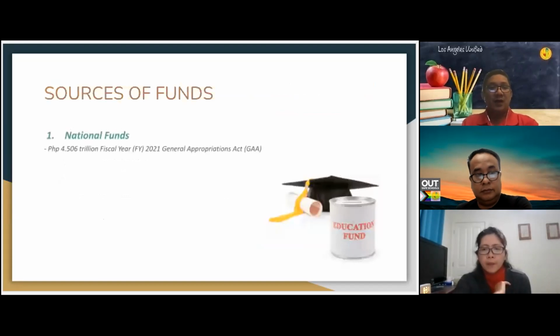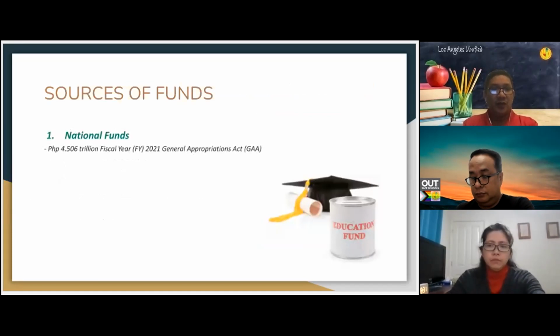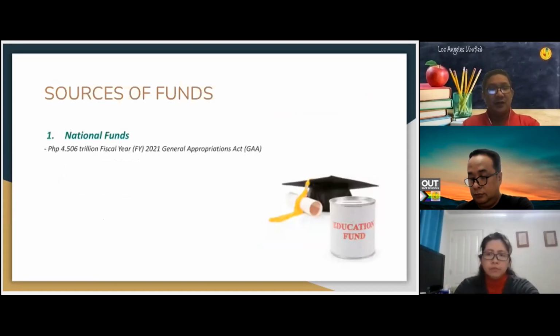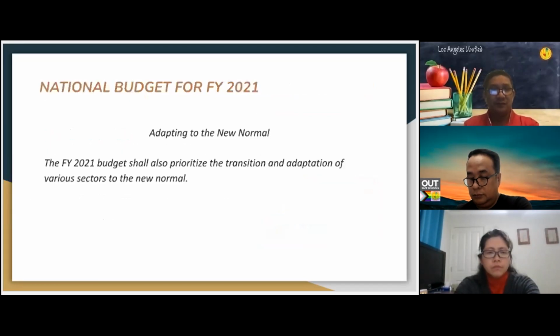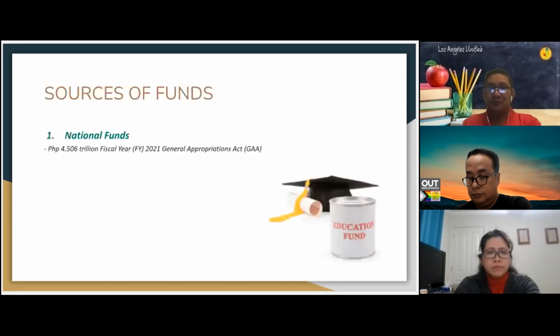So number 1, national funds. In the 2021 fiscal year, there is about 4.506 trillion allotted for the general funds for education. The Philippine Constitution has mandated the government to allocate the highest proportion of the budget to education.